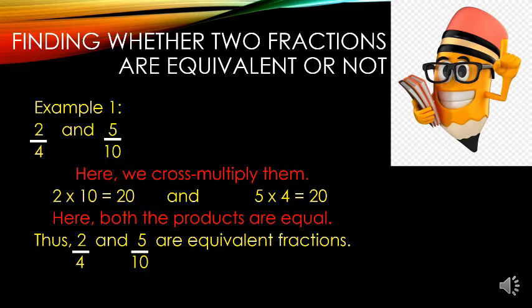So we get 2 multiplied by 10 is equal to 20 and 5 multiplied by 4 is equal to 20. Here both the products are equal. Thus 2 by 4 and 5 by 10 are equivalent fractions.